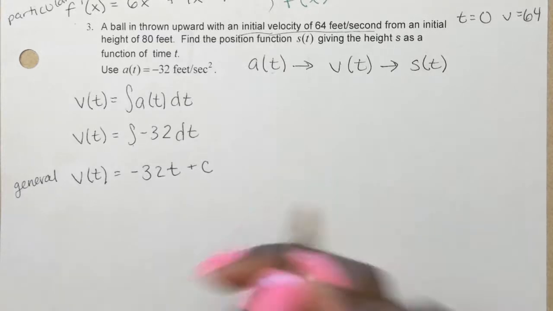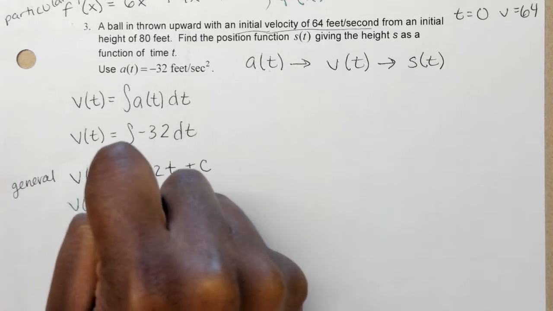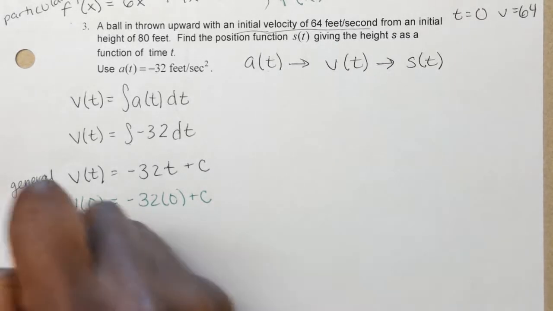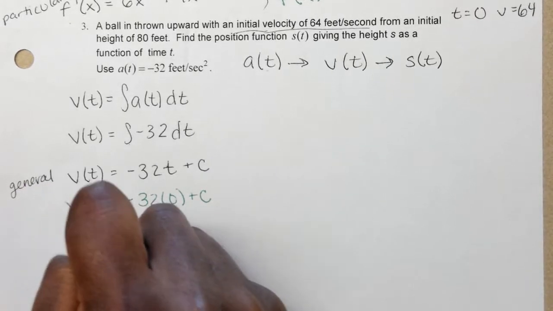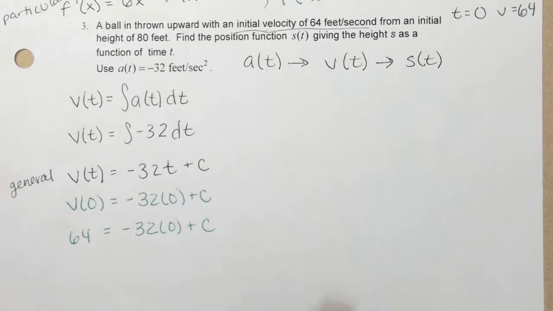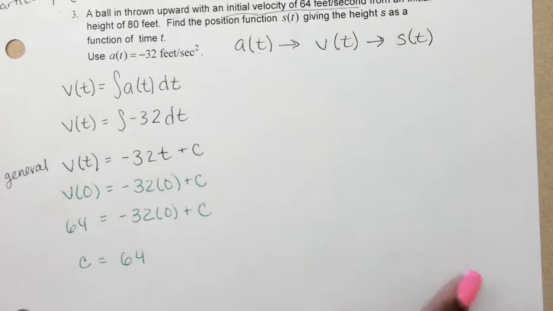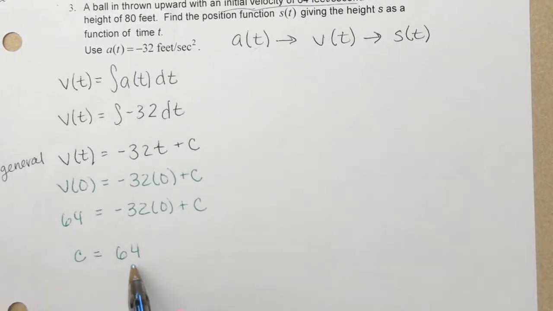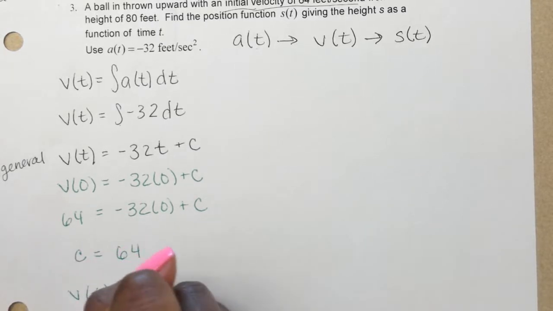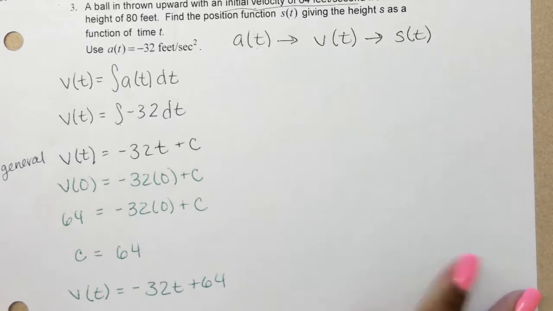So v of 0 we know is 64. So c must equal 64, right? Because negative 32 times 0 is 0. So c equals 64. So v of t is equal to negative 32 t plus 64.